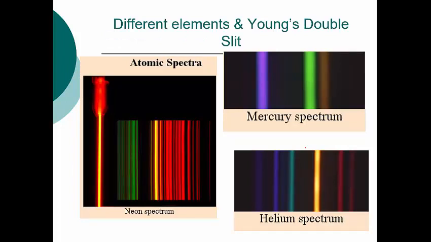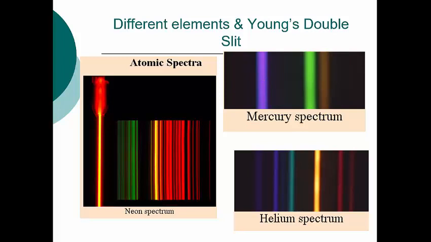We can also look at different elements in a gas form where we excite these gases using AC voltage, and we can see an interference pattern that helps us identify aspects of these particular elements. Here we see we have neon. It has some green lines, a bright yellow line, and then a number of red lines.